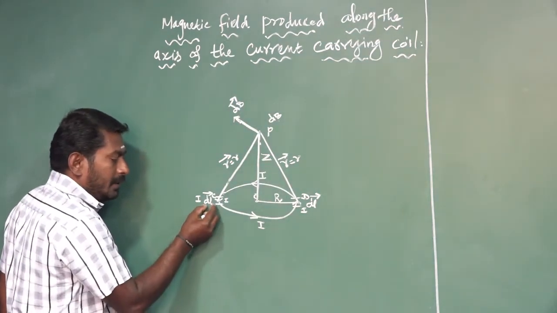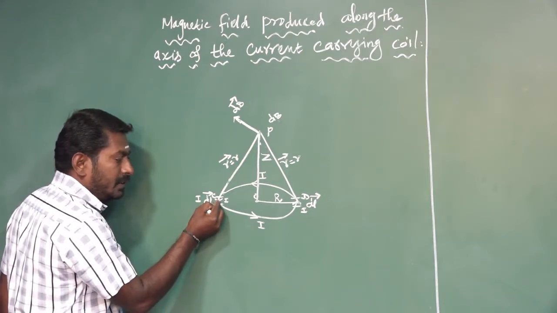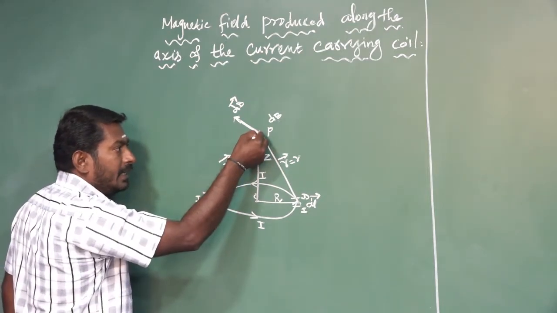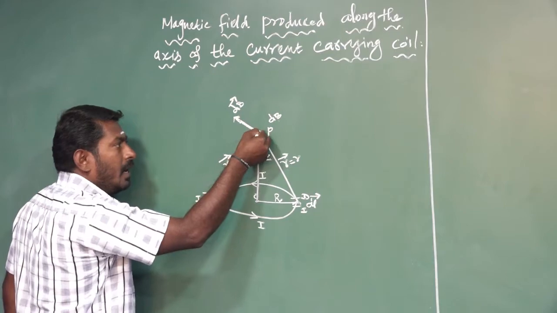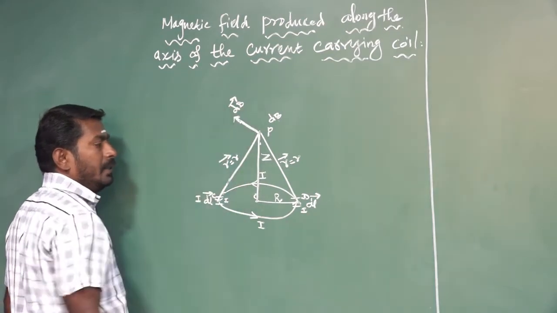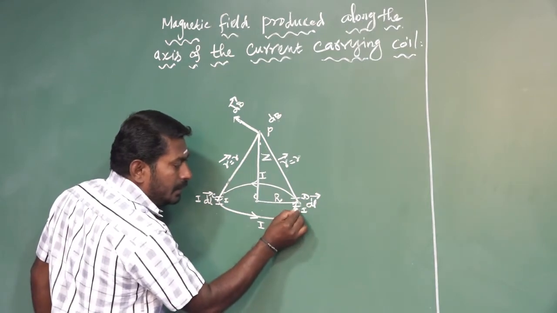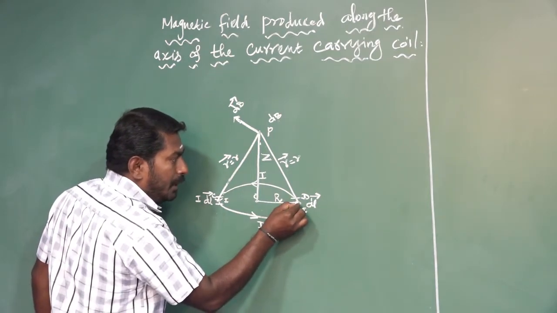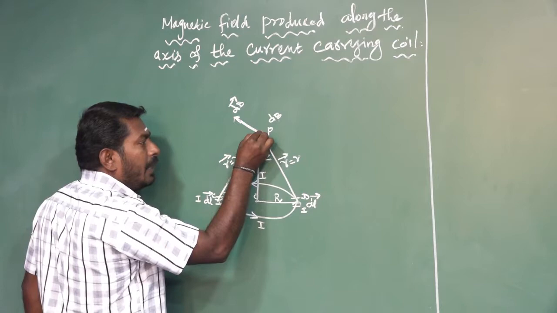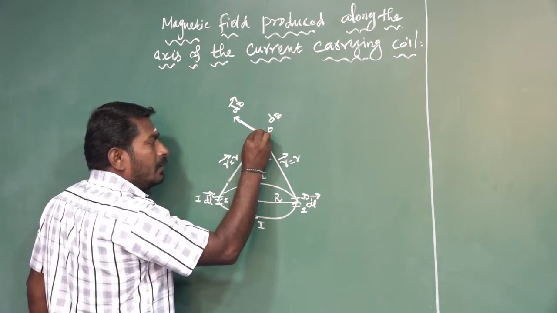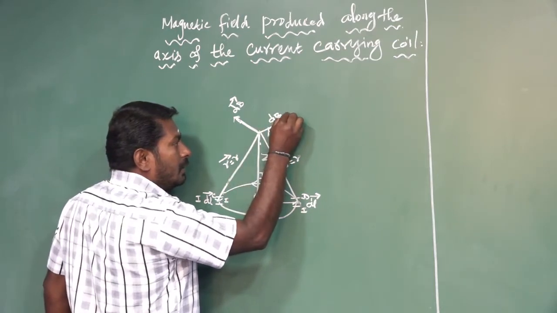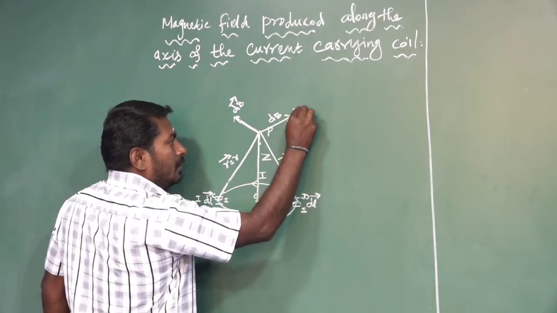Keep it in your mind: the current element at point C produces magnetic induction at point P along this direction, that is dB. Similarly, the other current element I dl produces magnetic induction at point P along this direction, dB.